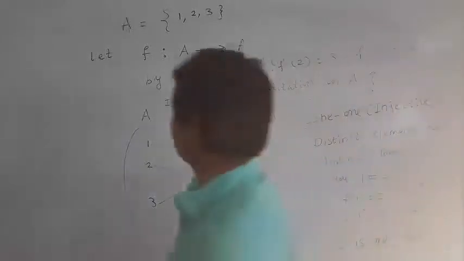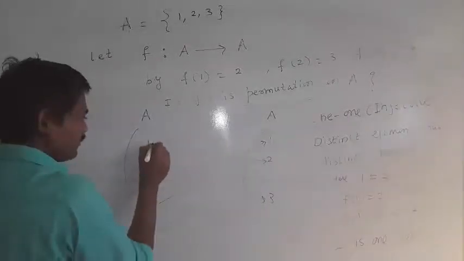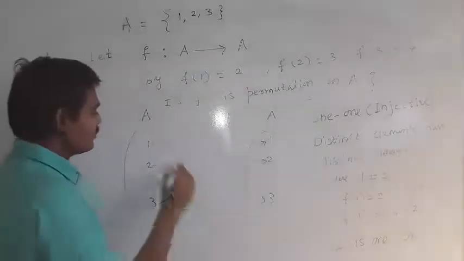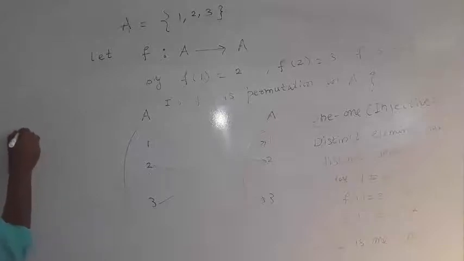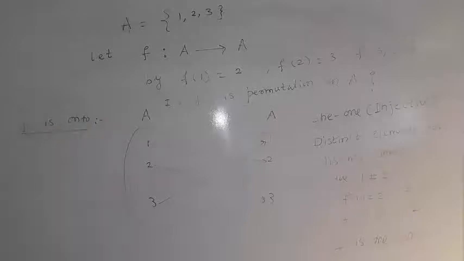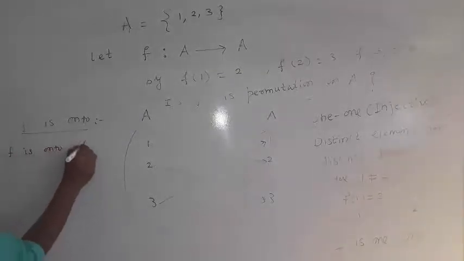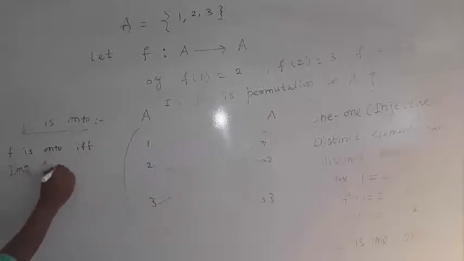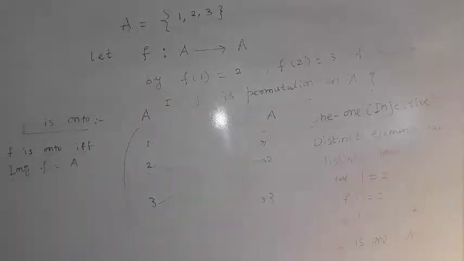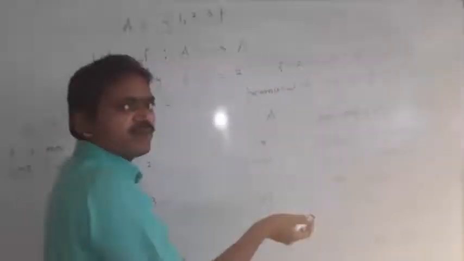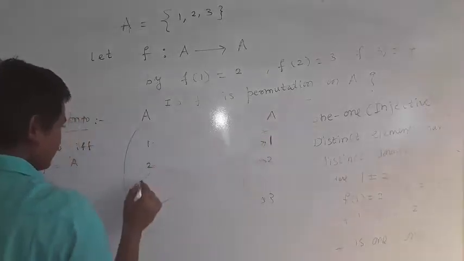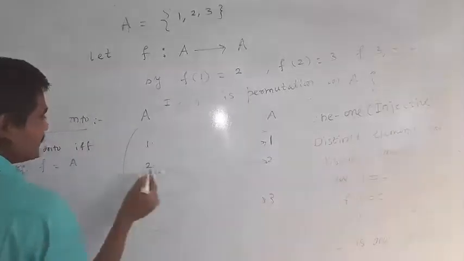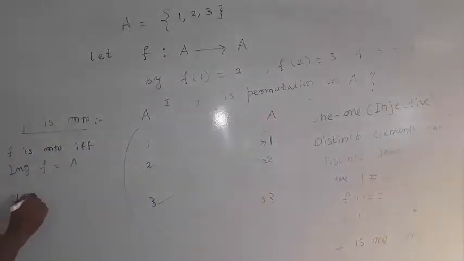Is f onto? f is onto if and only if the image of f is the whole set A. So all elements of the set A are images of some elements of the set. Here 1 is the image of 3, 2 is the image of 1, 3 is the image of 2.